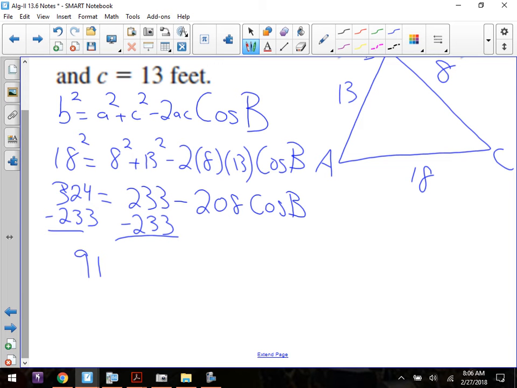I got 91 equals negative 208 cosine of B. I guarantee 20% of you will forget that that negative is there. It happens. So we take 91 divided by negative 208, and I get some decimal. That decimal equals the cosine of angle B, which means what do I have to press then to get the angle?